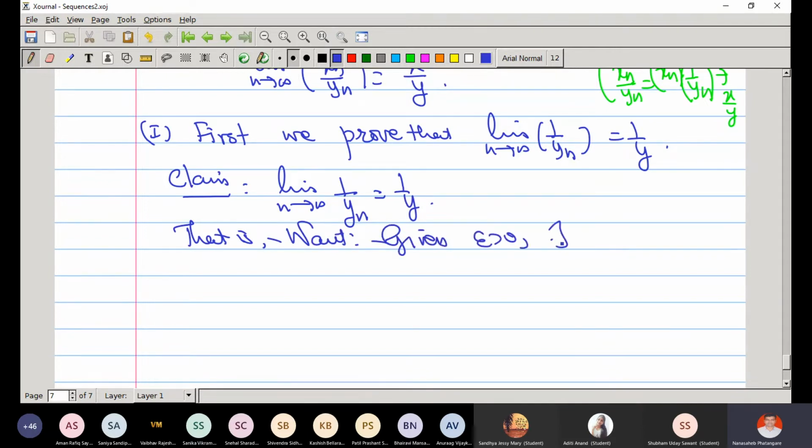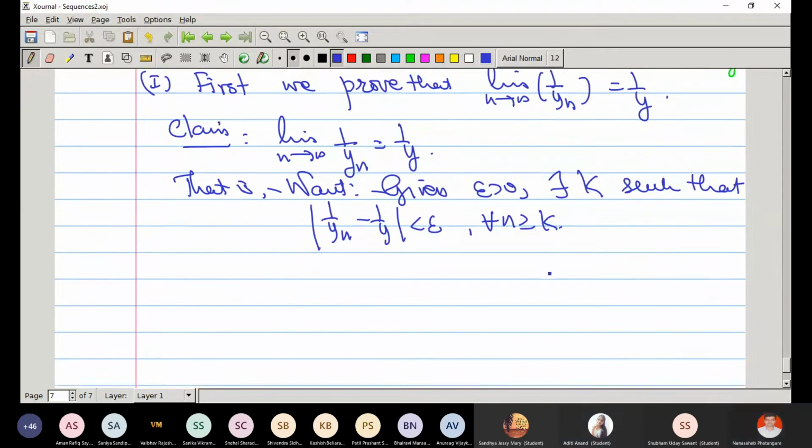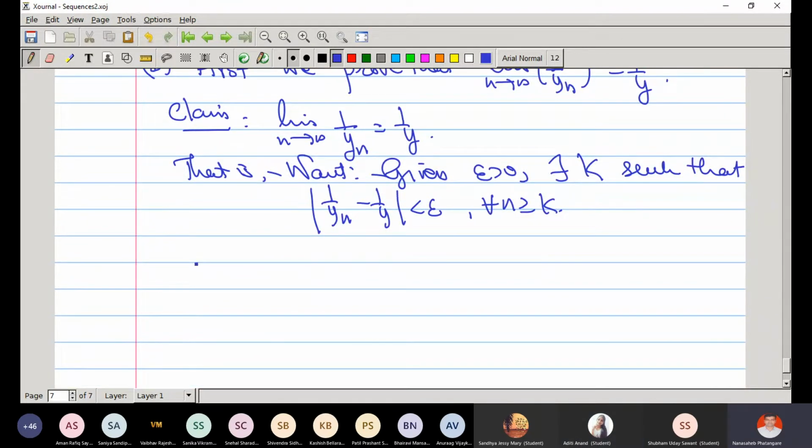Given epsilon, there exists k such that what? The absolute value of 1 by yn minus 1 by y is less than epsilon. Very good. Okay, so this we want.